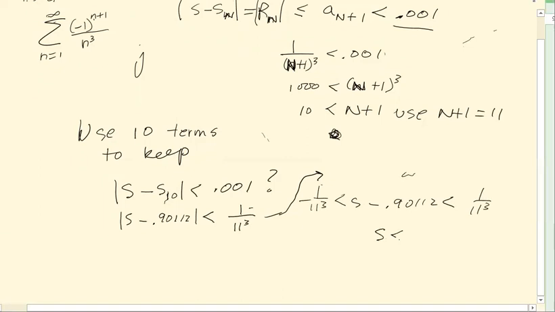So S is stuck between here. Our actual sum would be between 0.90112 plus 1 over 11 to the third and 0.90112 minus 1 over 11 to the third. So that puts S between, let's see, I'm going to put that on the calculator here.